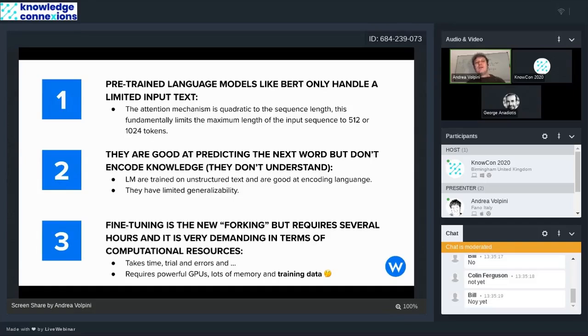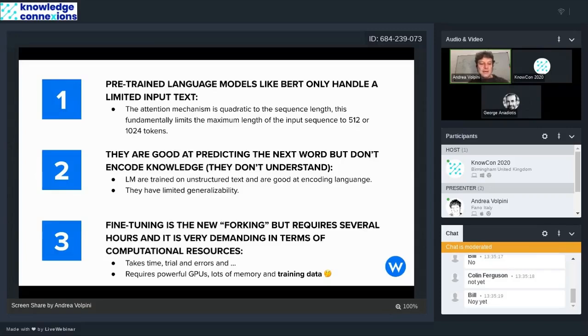So this fundamentally creates a limit to the maximum length of the input sequence that you can provide to the model. And this can be 512 or 1024 tokens, and a token can pretty much be seen as a word.